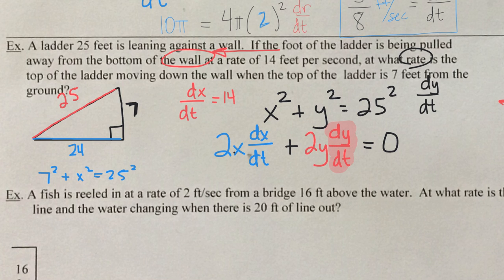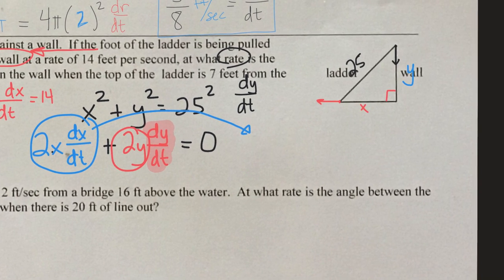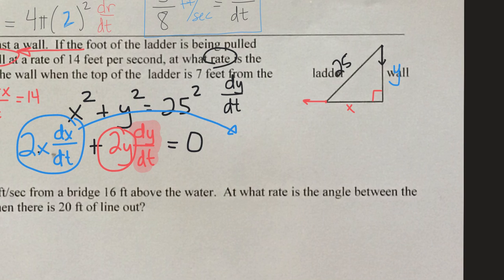So let's get everything else on the other side. Let's subtract this blue stuff. This will move over to there as a negative. And then we're going to divide by 2y. Okay, so I'm going to do this all in my head. dy over dt is equal to, we had our x, now just a 1x, so negative x dx dt, divided by y.